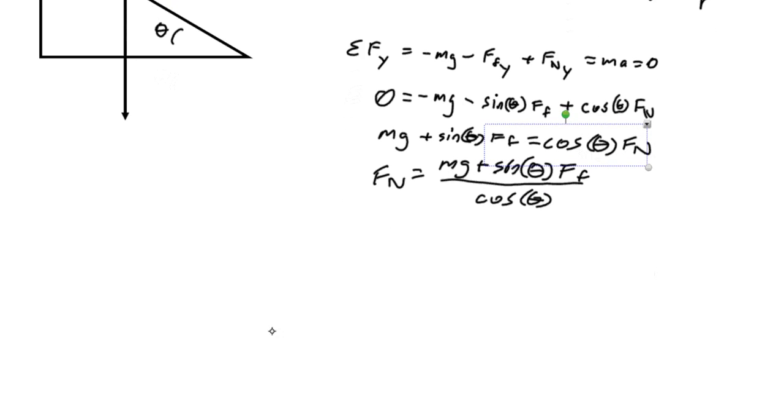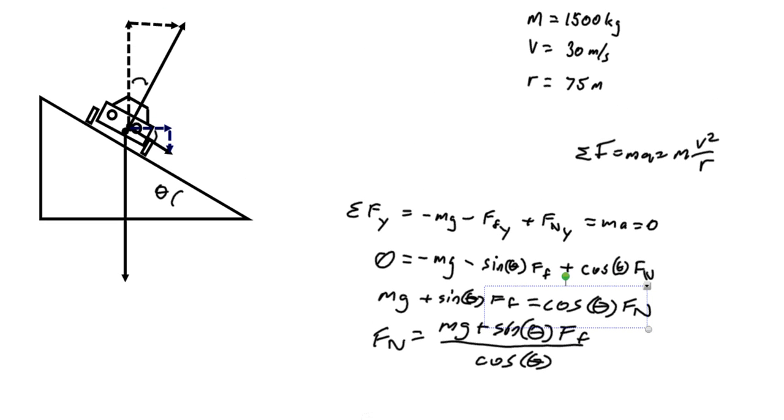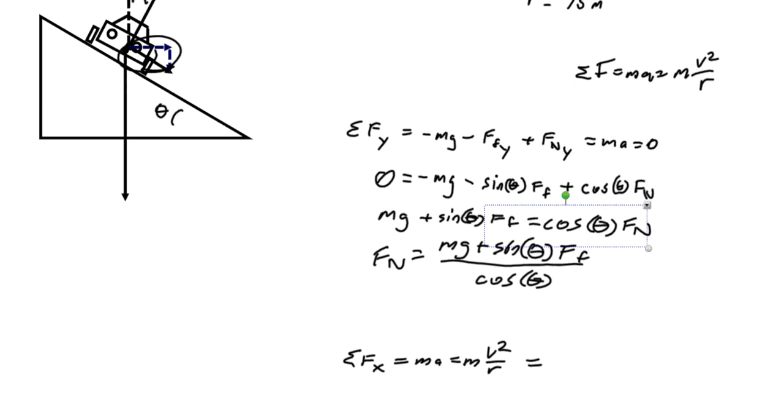Now we're going to take this approach all over again for the x direction. So the sum of all forces in the x direction is equal to ma. Well, this is going to be mv squared over r, and that is relative to our triangle going to be equal to the x components here. So we have the force of friction in the x direction plus the normal force in the x direction.